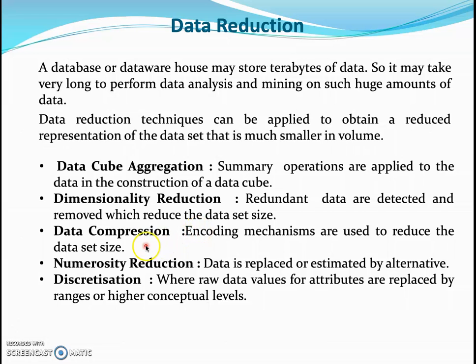Data compression is also another method which helps to reduce data set sizes. In numerosity reduction, data are replaced or estimated by alternatives. And discretization is another reduction strategy where raw data values are replaced by some ranges or conceptual levels.